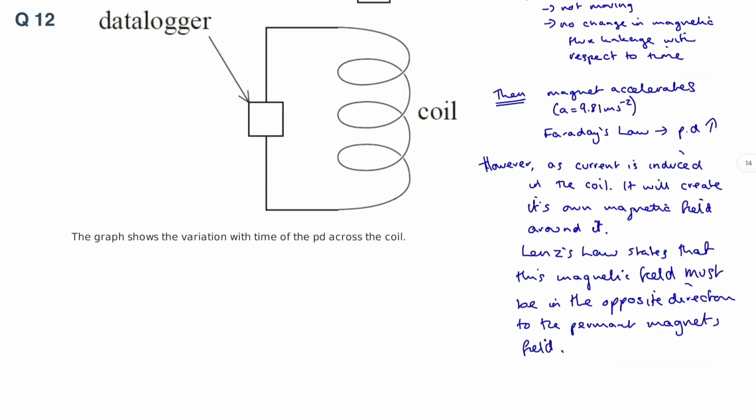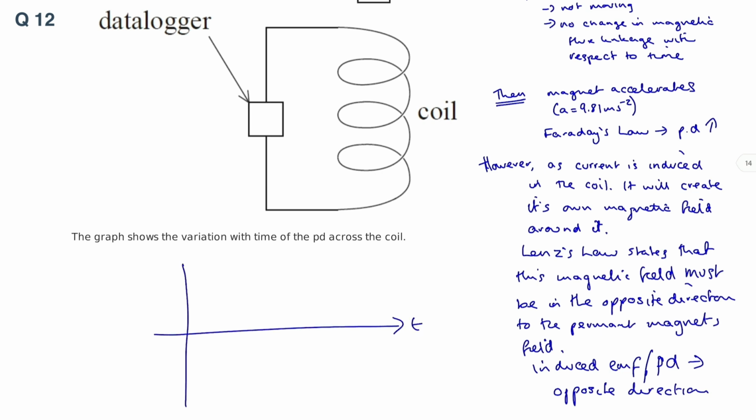And that means that the induced EMF, or PD if we're calling it that in this question, is in the opposite direction. So what we're going to find is a graph that looks like this. PD in volts against time in seconds. It could be either way, but we could say it goes like this, suddenly, and then it goes like that.